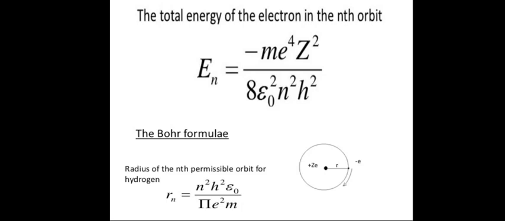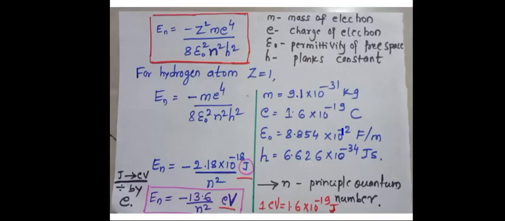So by putting Z equal to 1, we can apply it to the hydrogen atom. Here the total energy of the electron in the nth stationary orbit is negative, which indicates that the electrons are bound to the nucleus and are not free to leave the atom.